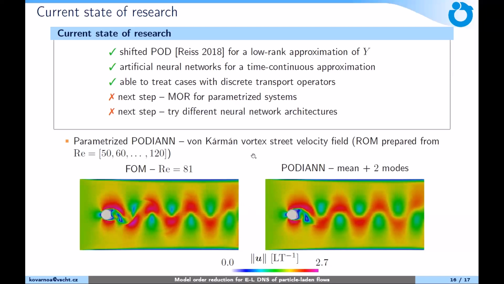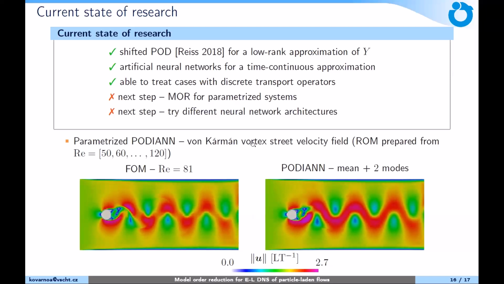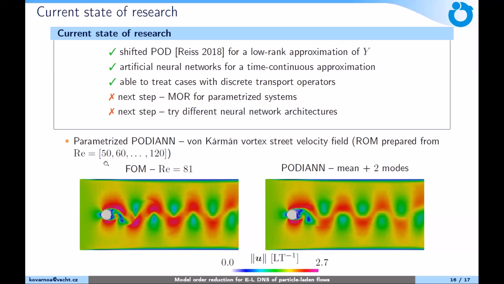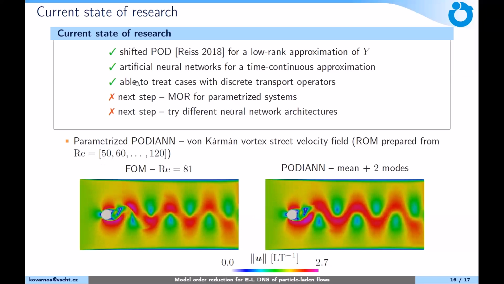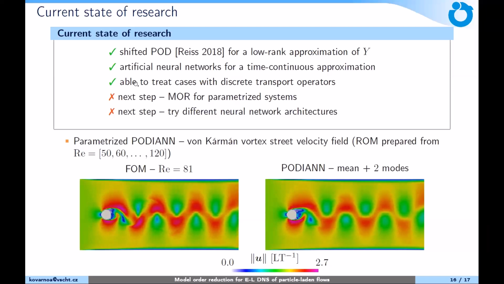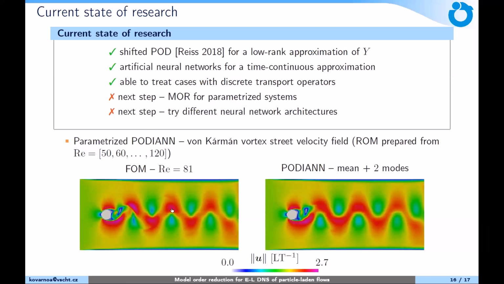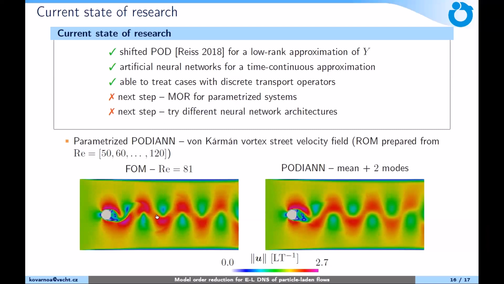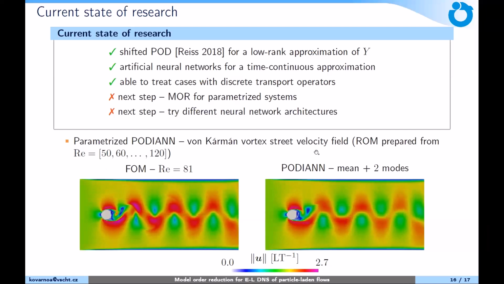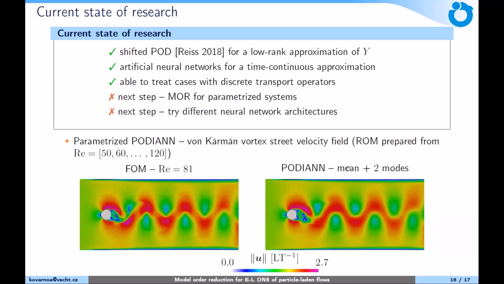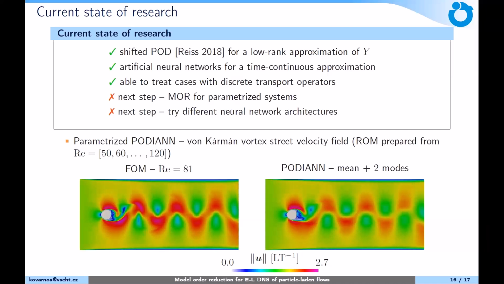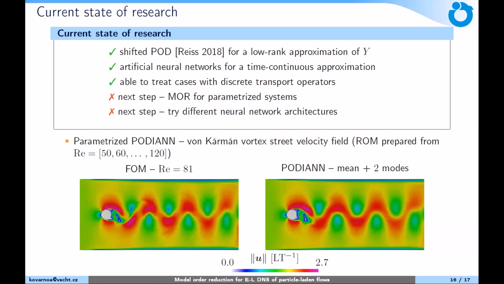We have prepared some cases again for the von Karman vortex street, with Reynolds numbers 50, 60, 70, 80, etc., and done the model order reduction, and we were able to interpolate between those Reynolds numbers and get, for example, this case with Reynolds number 81, but there is still a long way to go.